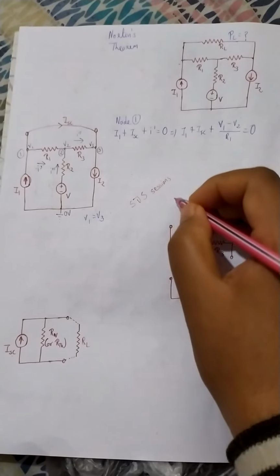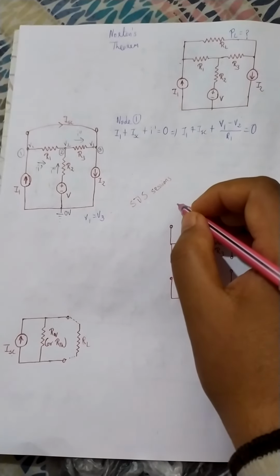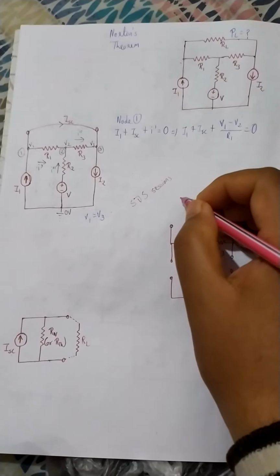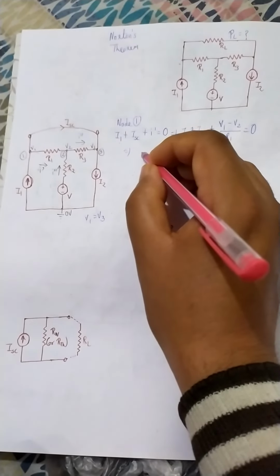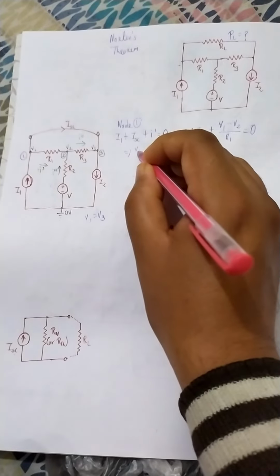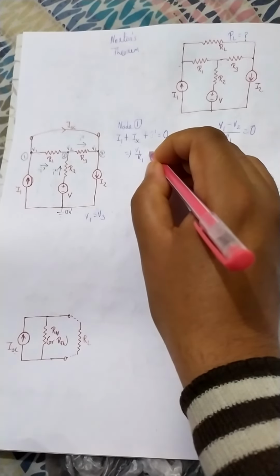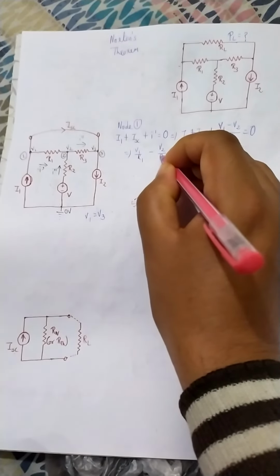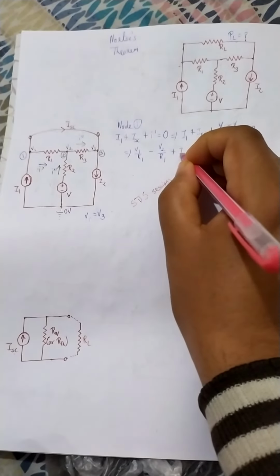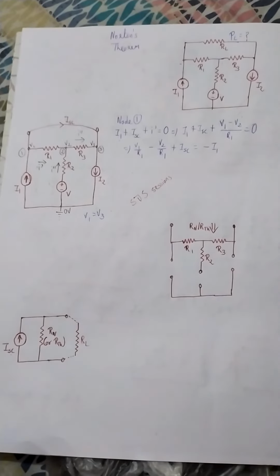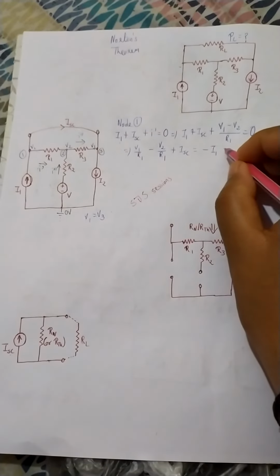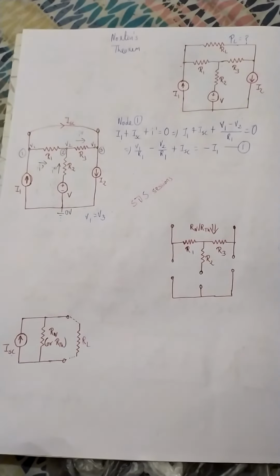Therefore we can write V1 by R1 minus V2 by R1 plus ISC equal to minus I1. So this is equation number 1.